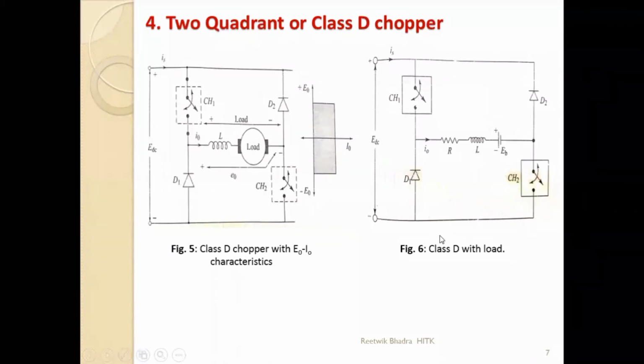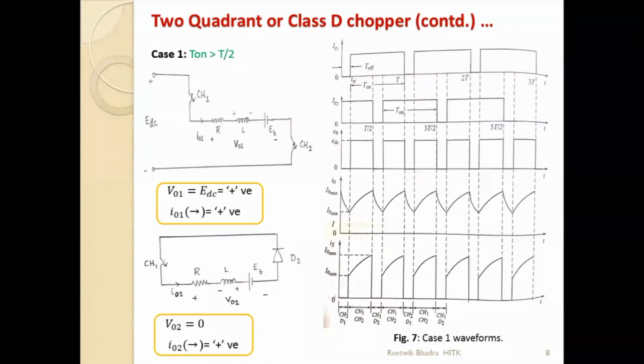Now we'll go into the study of this circuit. There are two cases over here. Once your T on, that means the on time of the switches, is greater than 50%, that is T by 2, the duty cycle will be greater than 50%.